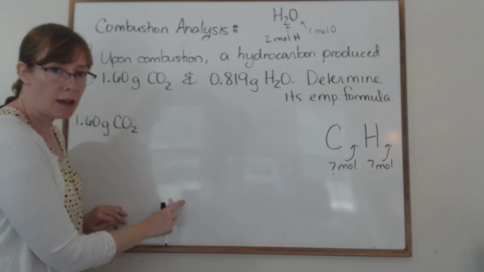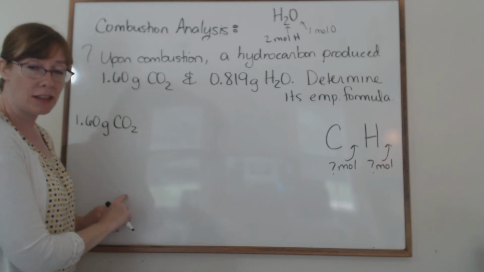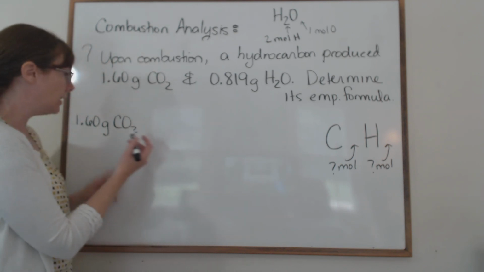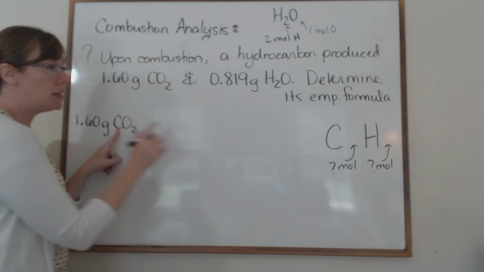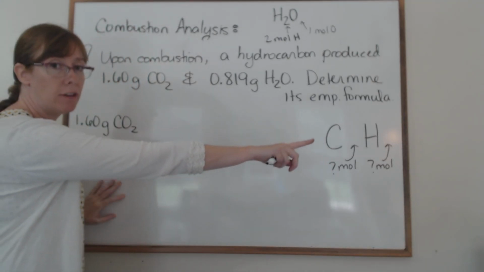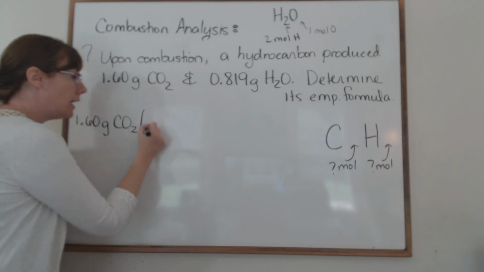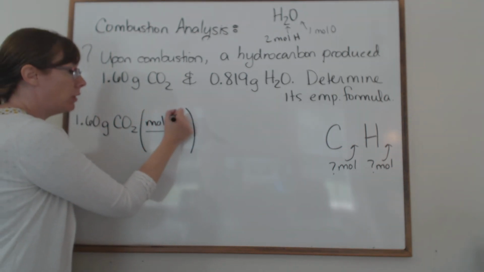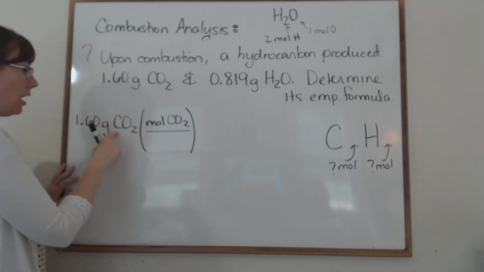That's where it ends up. And frankly, all the H's in the hydrocarbon show up in the H2O. So that's why the CO2 is going to be used to help us figure out carbon, and the H2O is going to help us figure out hydrogen. So first thing is, let's figure out how many moles of CO2 is in this many grams.